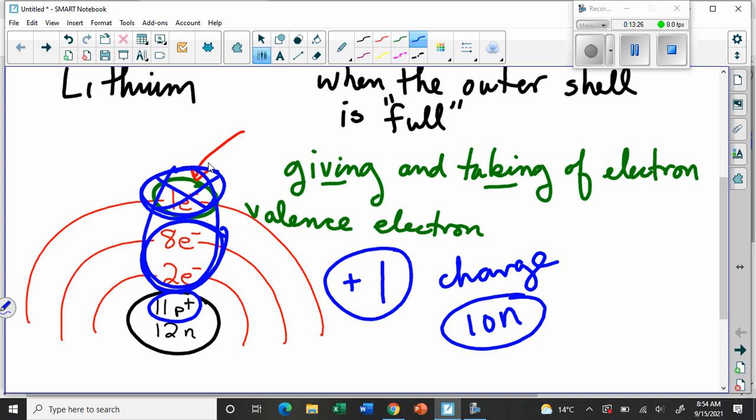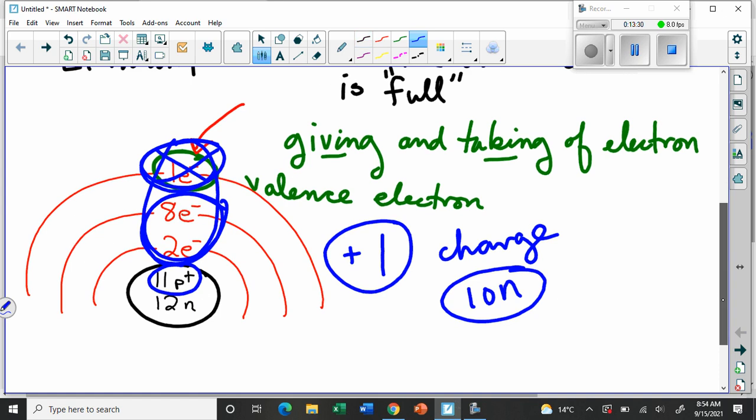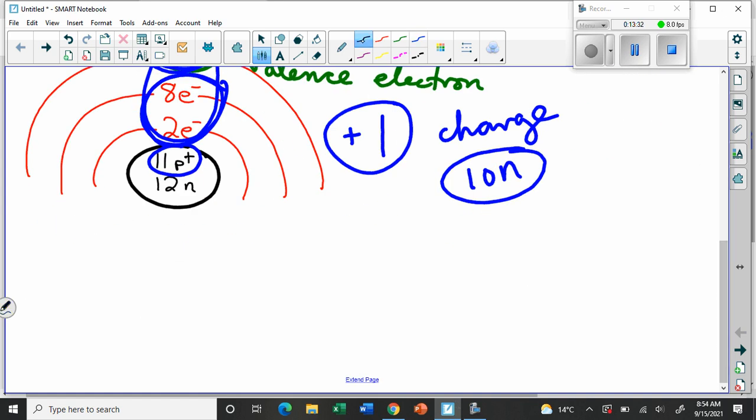Now, hydrogen is kind of interesting. If we just look at the hydrogen atom quickly, hydrogen is simply 1 proton and 1 electron, right? 1 E in the first orbit. So to get full, hydrogen could grab another electron and make this top orbit 2. So he could take 1 from somebody else.